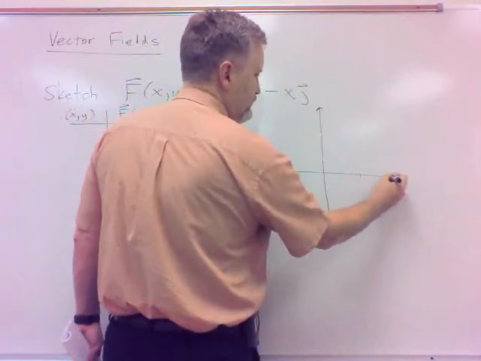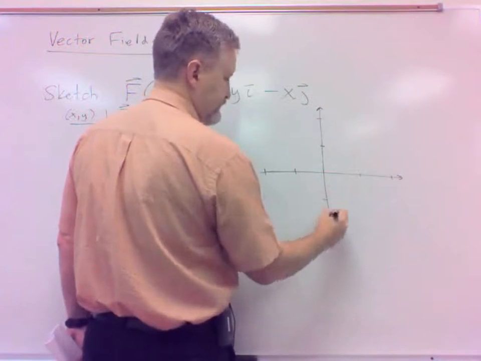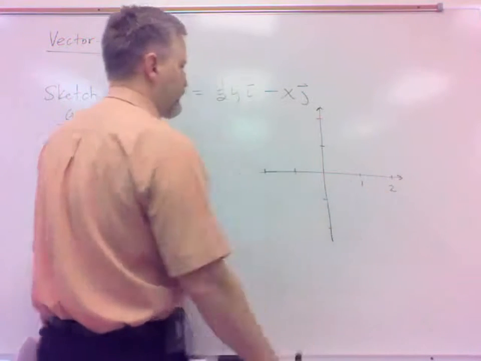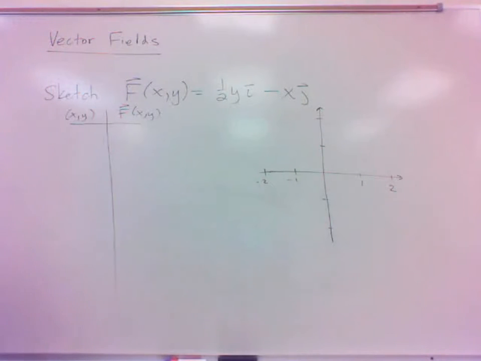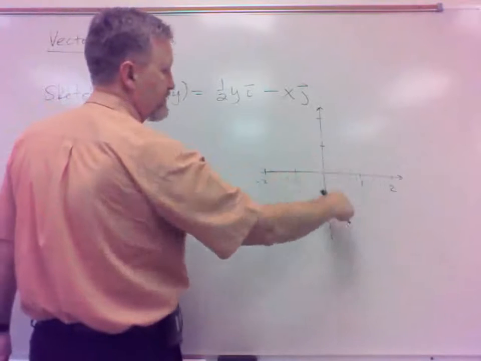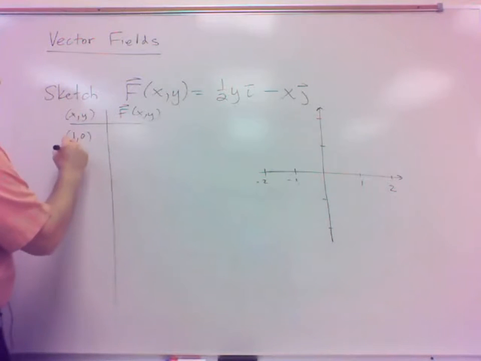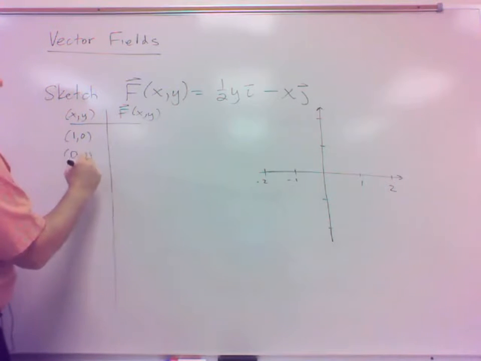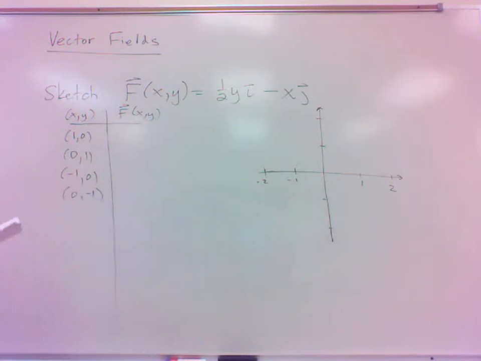And so we just mark off units here. Let's just start where we want, but let's go around the circle here at 1, 0, 0, 1, and -1, 0, 0, -1, to start with, just to see what we've got.